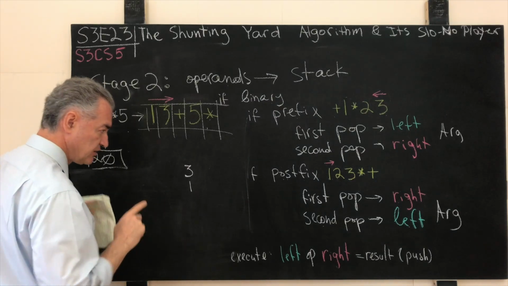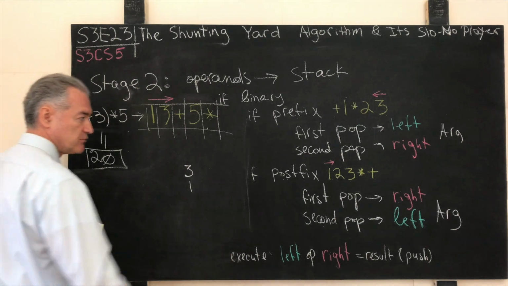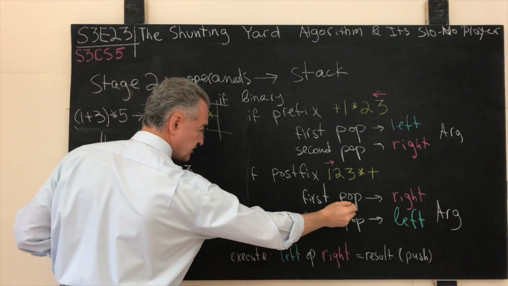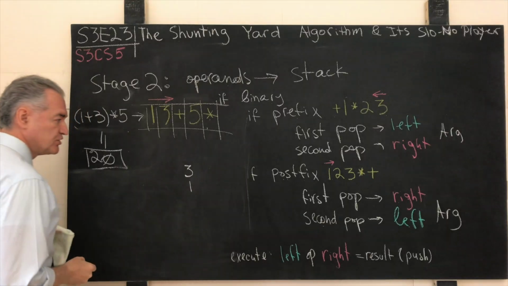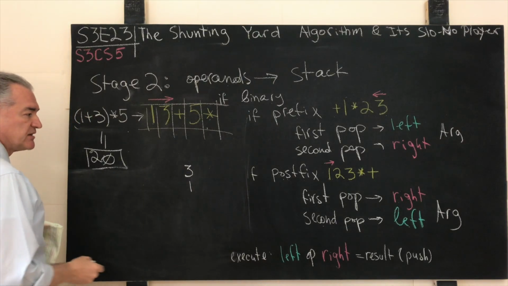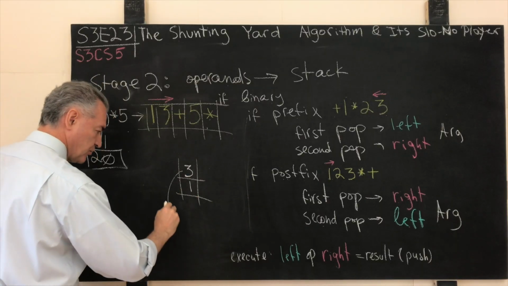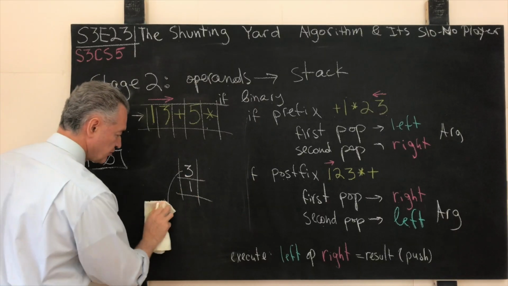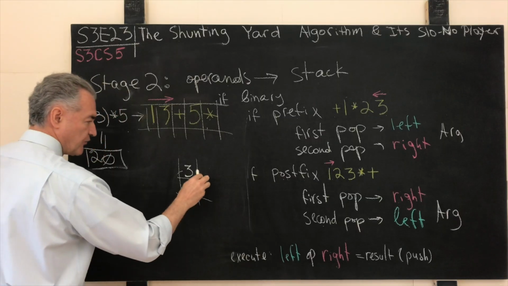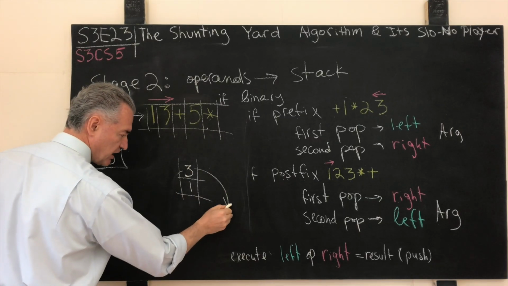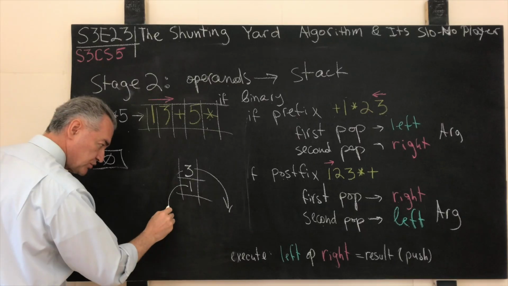We need to pop 2 arguments. Here again, we need to be careful, but because the notation is postfix, the first pop produces the right operand. The first pop goes to the right and the second pop goes to the left.